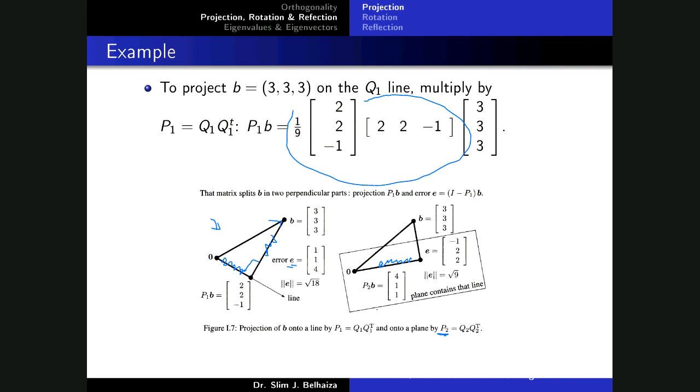Okay, and the error is that part, the information loss. So this is to give you an idea how these orthogonal matrices could be useful when we are trying to project on a plane or on a vector, on a line. This is what could happen.